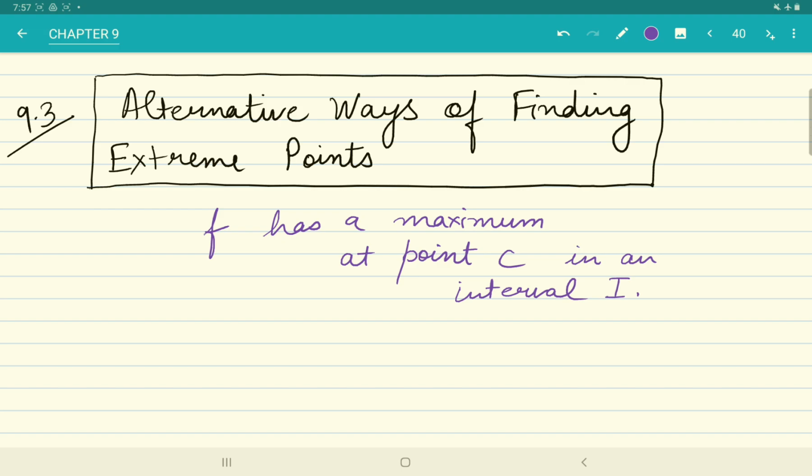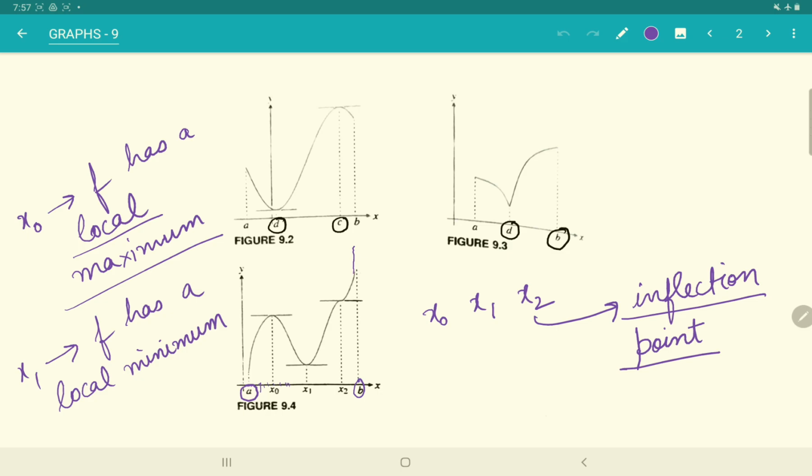It can also occur at an end point of the interval. So we can see this figure 9.3, and here we see that there is this maximum which occurs at the end point of the interval, and the end point is this. So here we see that the function f has a maximum, and the point at which the function has a maximum is an end point of the interval. This is what we can see from this figure.